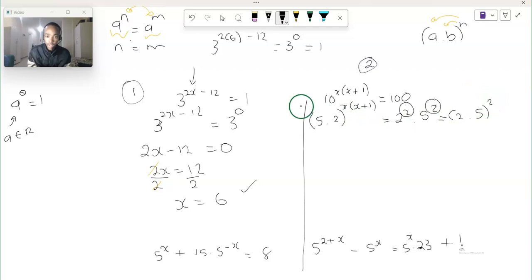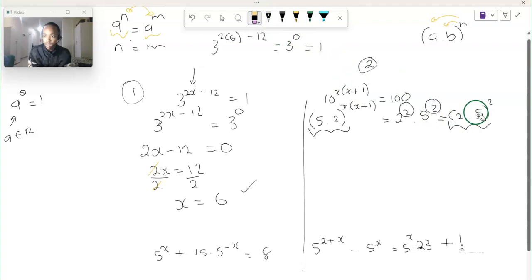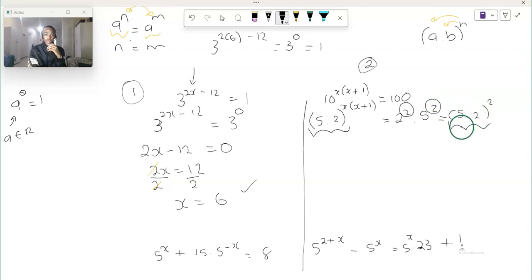So this base here is basically the same as this base here, or you can just do 5 times 2 here. So these bases are basically the same, and what we do is equate the exponents.